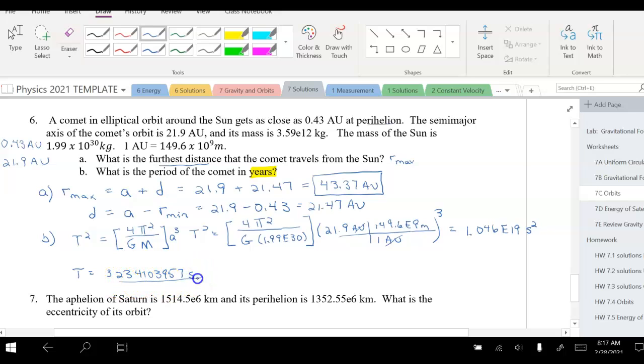Okay, so I just need to do a little conversion here. There are 3,600 seconds in 1 hour. There are 24 hours in 1 day. And I'm just going to use 365 days in 1 year. So let's see here. So I get 102.553 years.